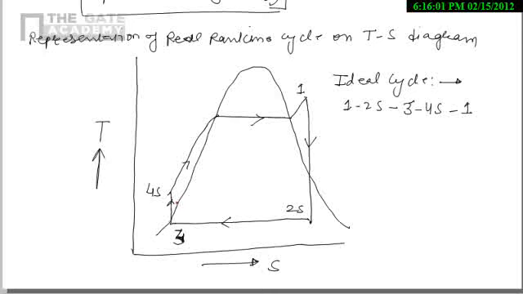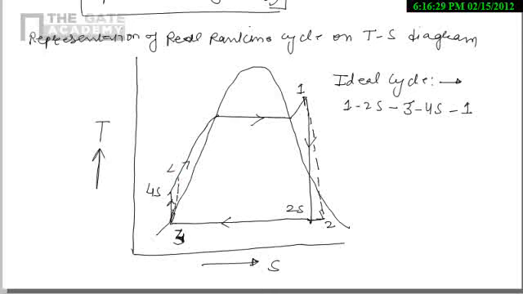Now I will represent the actual expansion process and the actual pump work. The actual expansion process, with an increase in entropy, is shown by 1, 2. The process shown by the dotted line, 1, 2, is the actual expansion process. Similarly, 3, 4 will be the actual pump work.